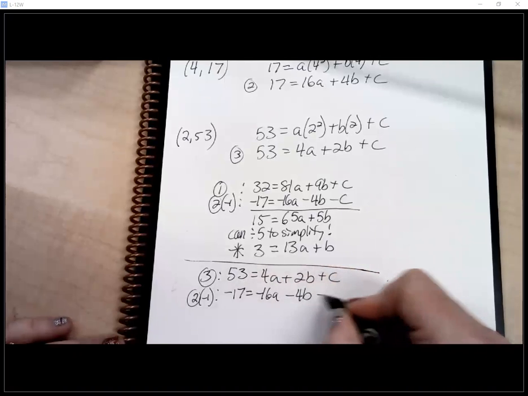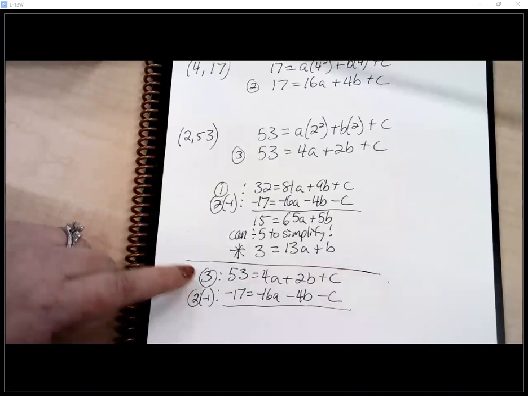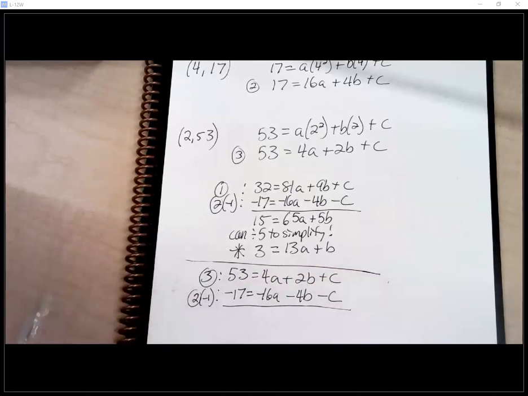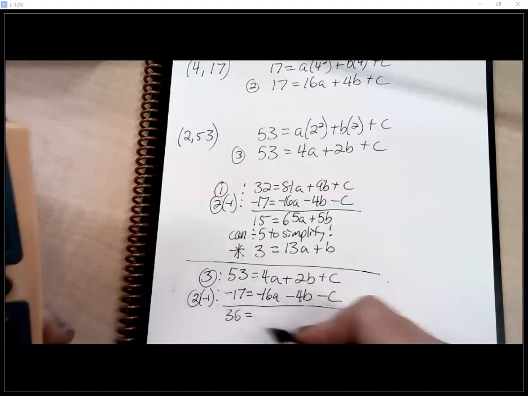If you kind of keep track of, like, over on the side, how I do it, I say what equation and what I've done to that equation. It just helps you keep track of what in the world you're doing, because there's so much going on with these. It's easy to get lost.